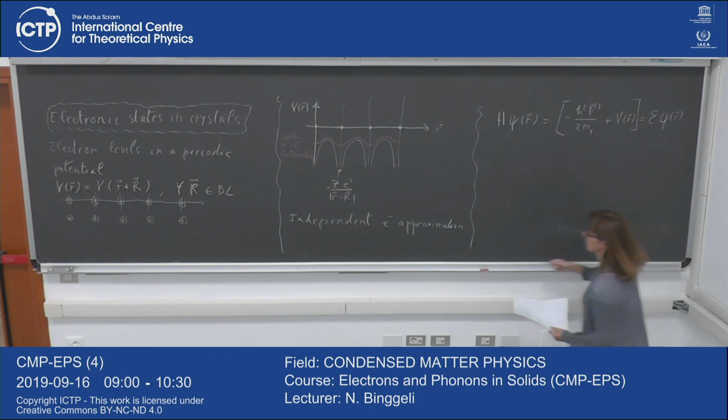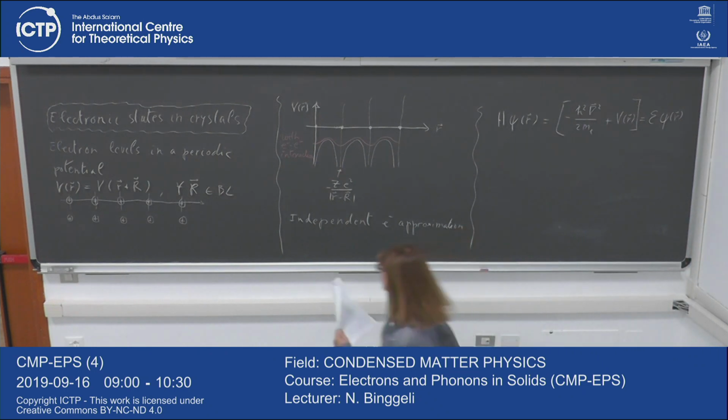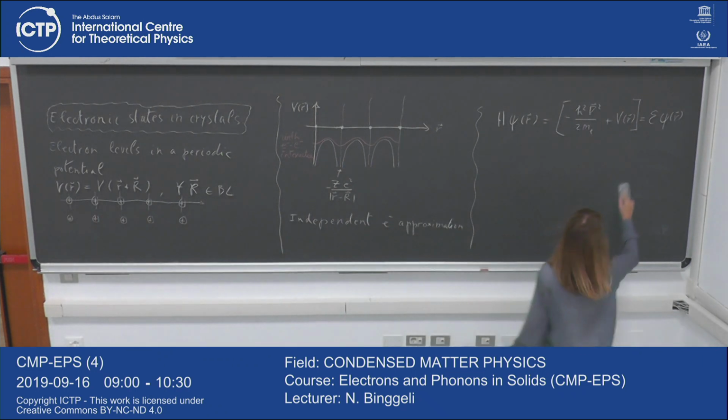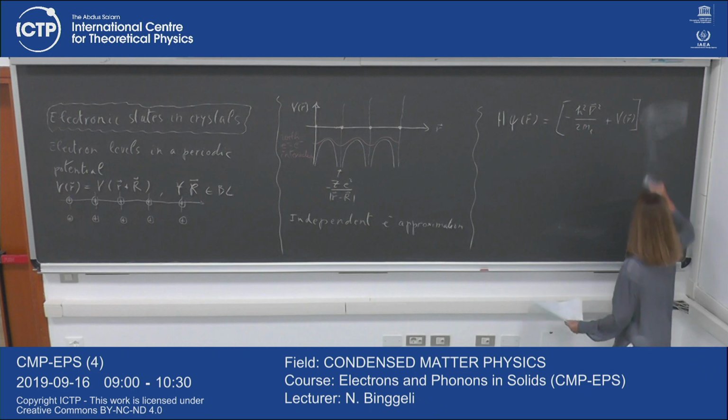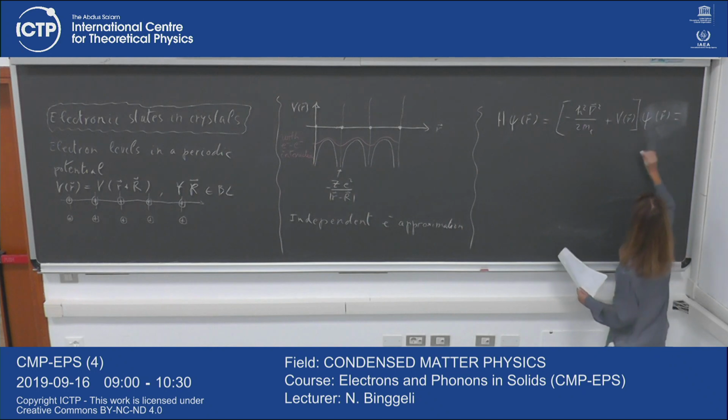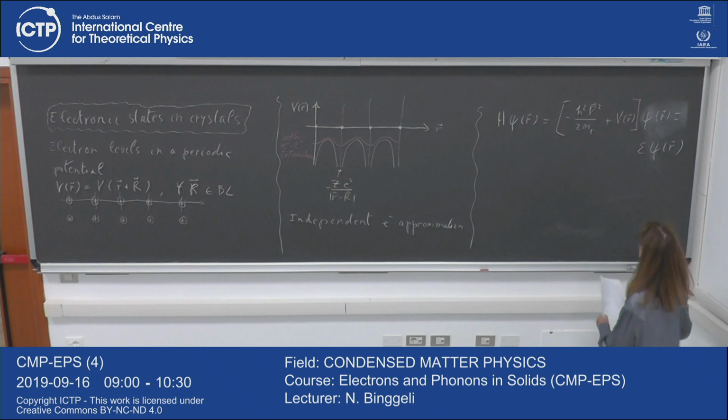Okay, I forgot the psi here, and not enough space. Okay, so this is H psi of R equal to epsilon psi of R. Okay, alright, so this time let's go.